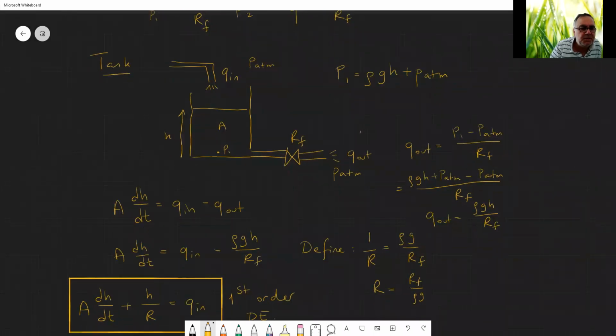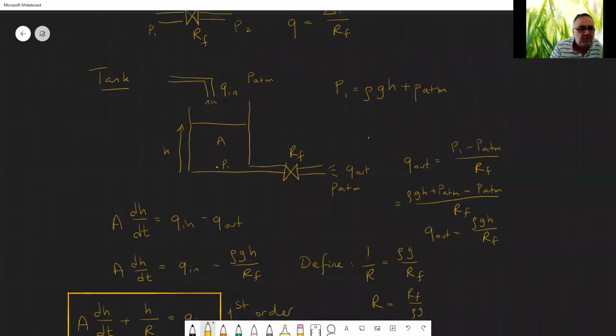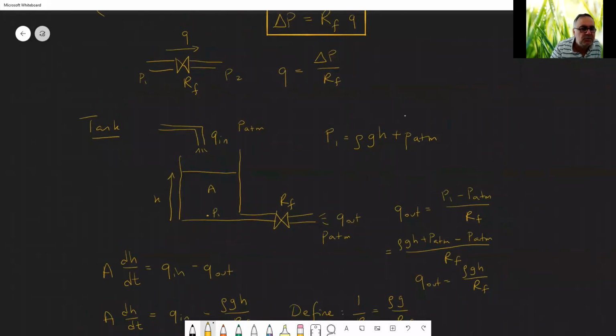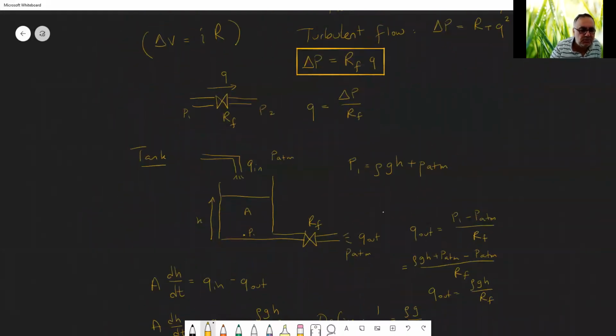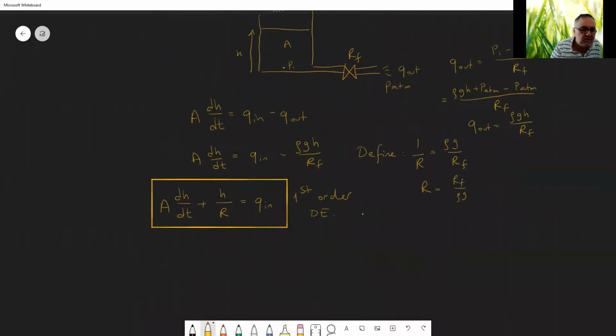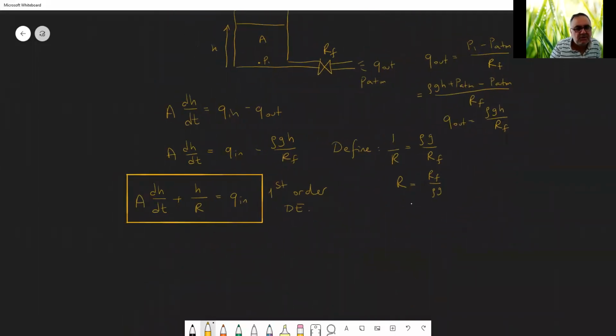If you use pressures as your variables, you can use maybe the rho g term, but if you use the heights, you can just define a new R term for your height and use that RF divided by rho g as your new resistance. That will be easier to carry around.